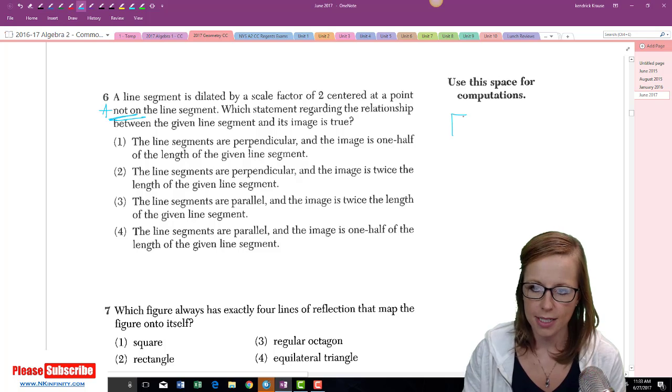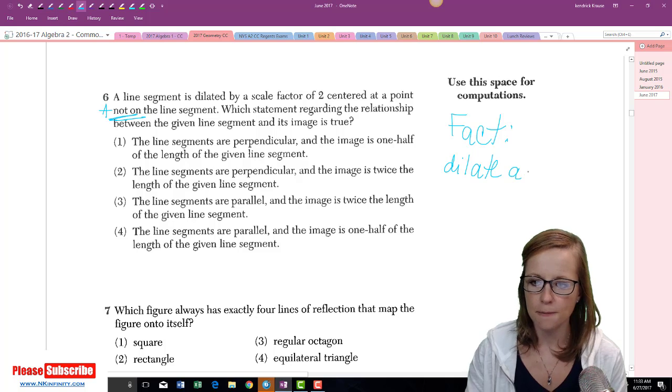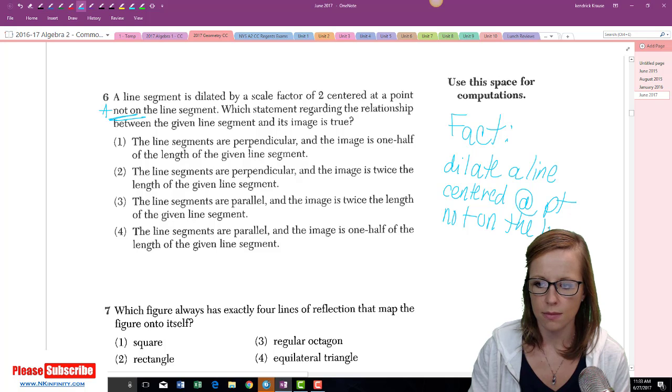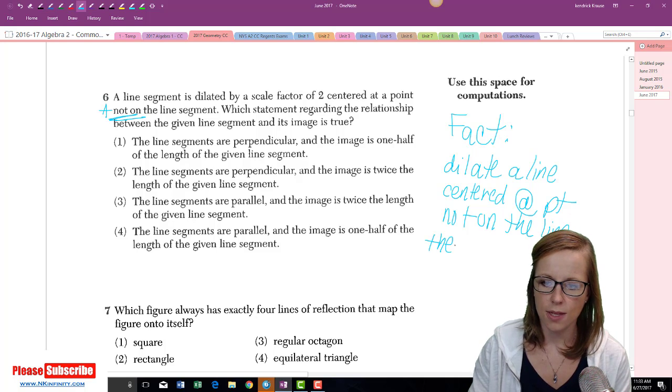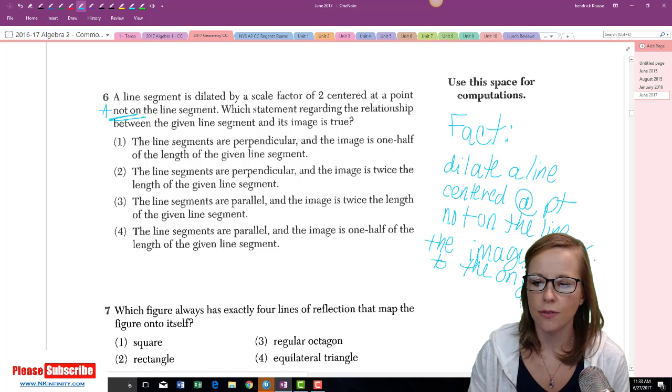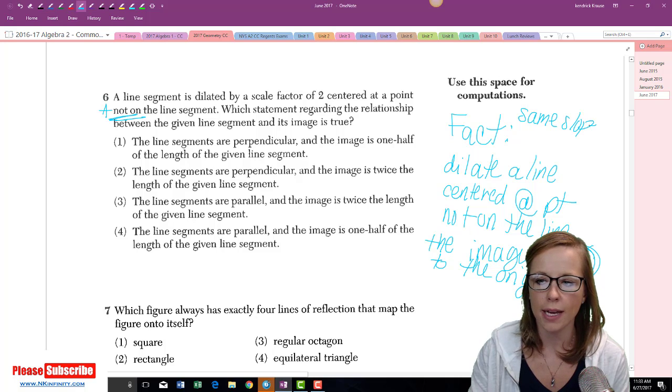You should know this fact: if you dilate a line centered at a point not on the line, the image is parallel to the original. So the only thing that changes is the y-intercept, because if they're parallel, they have the same slope. So same slope, different y-intercept.